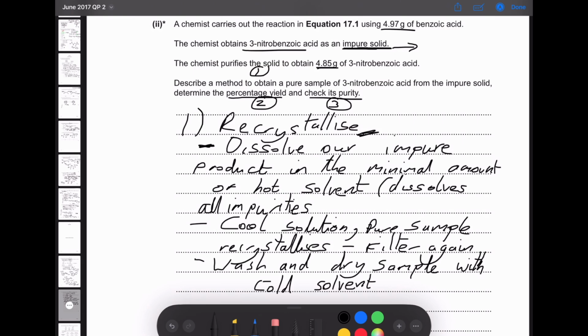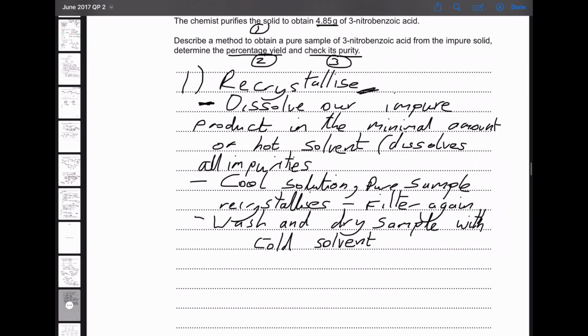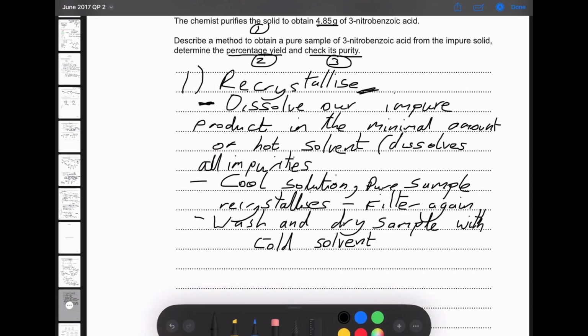I'm going to do part 3 while I'm in a righty mood before I get to the maths. So part 3, check its purity. So what are the things we can do? We can obtain its melting point and compare to known values.